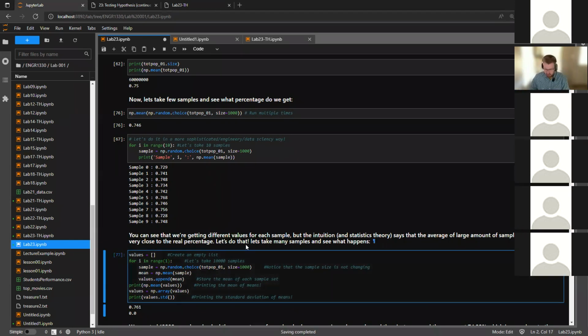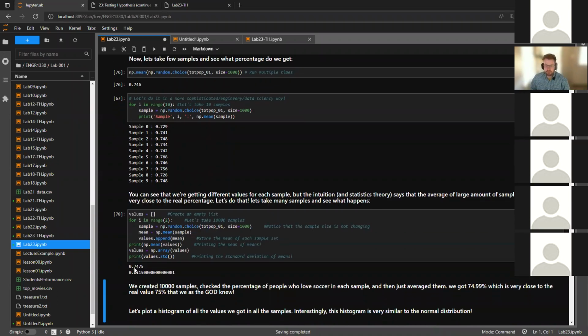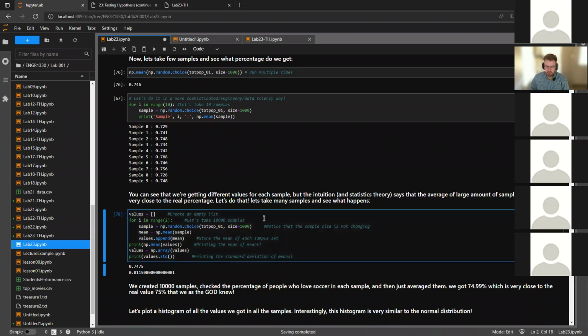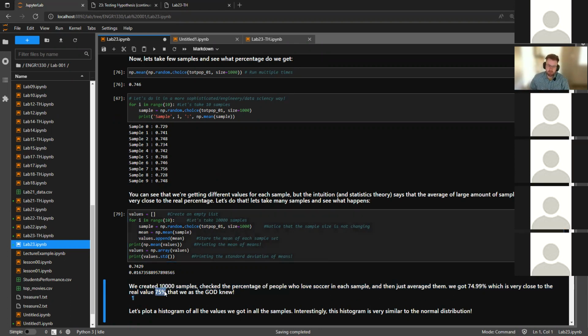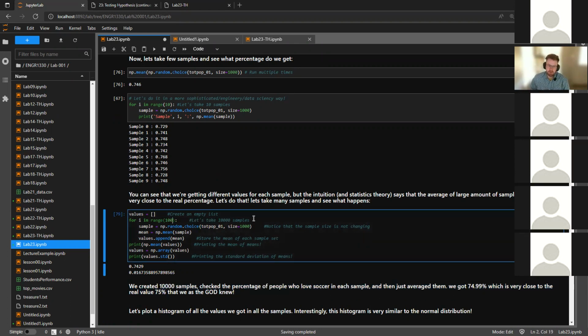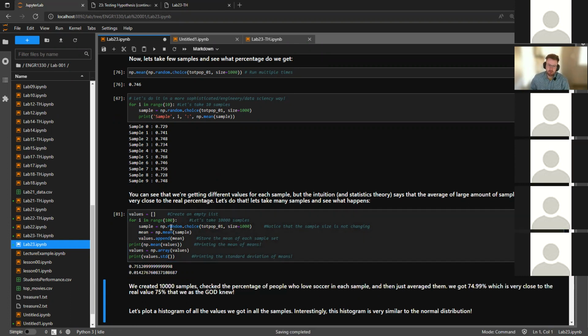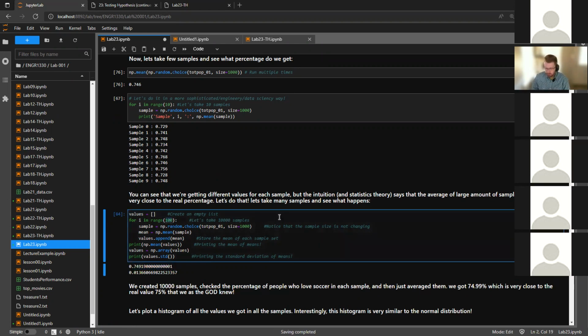Okay. Well, now I'm going to do two samples. My average was 0.74. And now I do have a true variance, but it's not really that useful. Well, let's do 10. Like 0.742. Now I know in the back of my mind that the true value is 0.75. And what we'll start to see is the more samples I take, the closer the average is going to start approaching the true average.